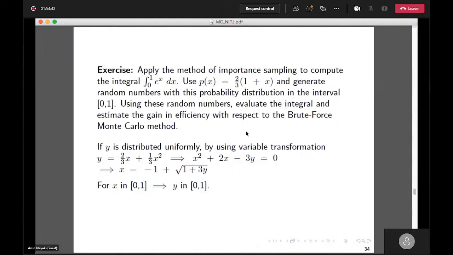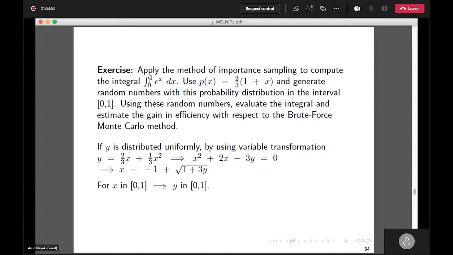Now I give you another exercise, so you can try this. Suppose we apply this method of importance sampling to compute the integral of e to the x dx. That integral value you know, right? What is the value of the integral of e to the x dx?